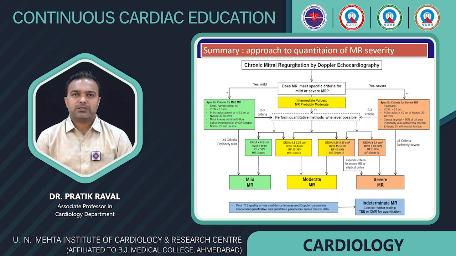After this measurement, the MR is re-quantified as mild, moderate or moderately severe, or severe. And when despite this assessment we get indeterminate values for the MR, or in patients with poor transthoracic echo quality, we can proceed to transesophageal echo or cardiac MRI for MR severity assessment.